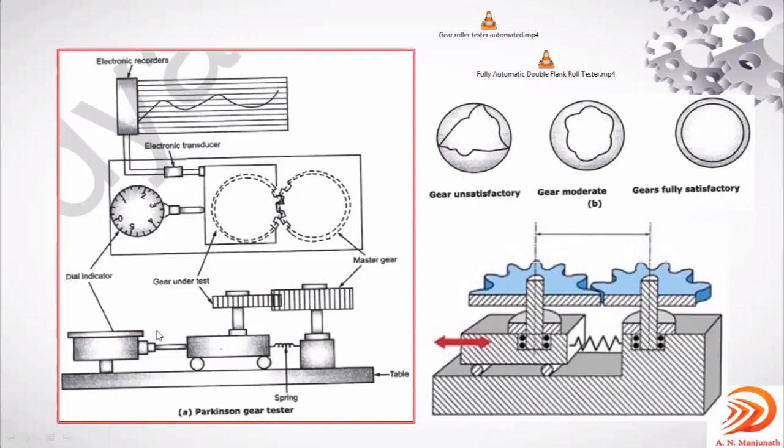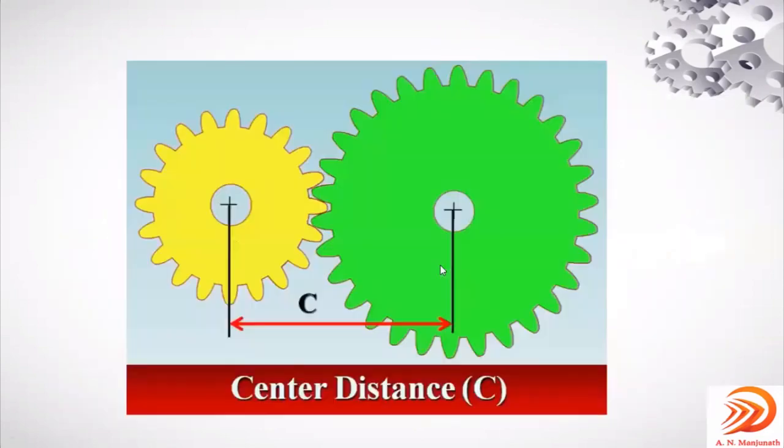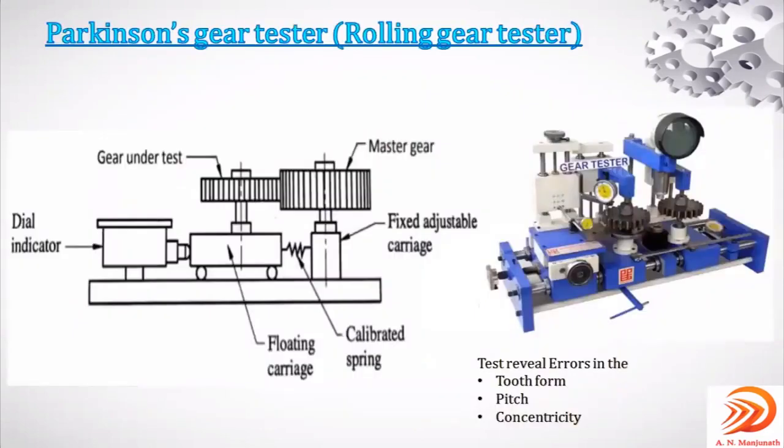What is being shown over here is a manual one, because using the dial indicator, the person will note any variation in the given gear test. But during mass production of these gears, it can be automated also. An automatic gear tester or rolling gear tester tests the given gear blank by comparing with the master gear or standard gear.